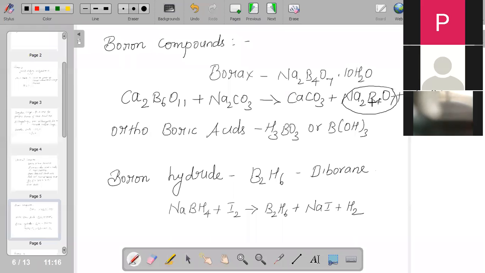This is what we call borax. And this one, the calcium ore, is also called colemanite ore. This is sodium carbonate, this is calcium carbonate, borax, and sodium metaborate.